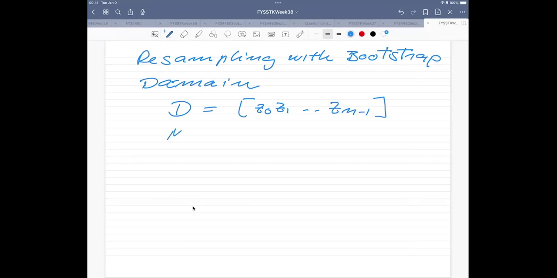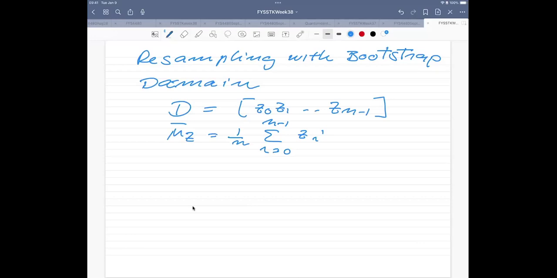I can calculate the sample mean, which is just 1 over n, sum from i equals 0 to n minus 1 of the Ci values. This is typically what I would do, and suppose now you have only 1,000 data points. Then most likely your mean value will differ from the true mean value if you were able to calculate it. So the sample mean does not need to match 100% with the true mean value if you knew the probability distribution.